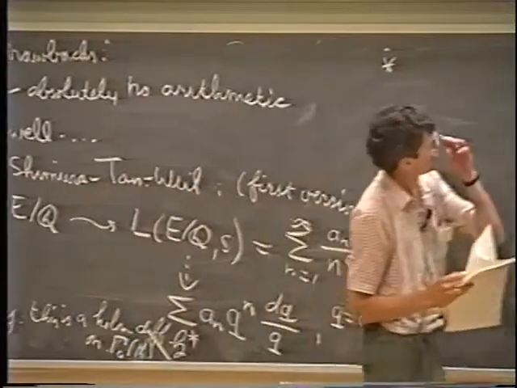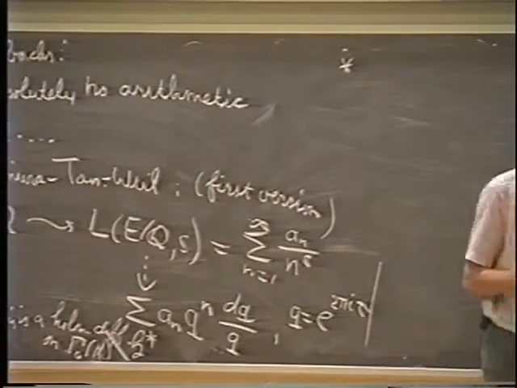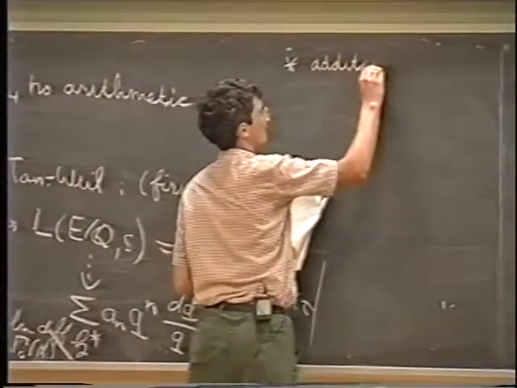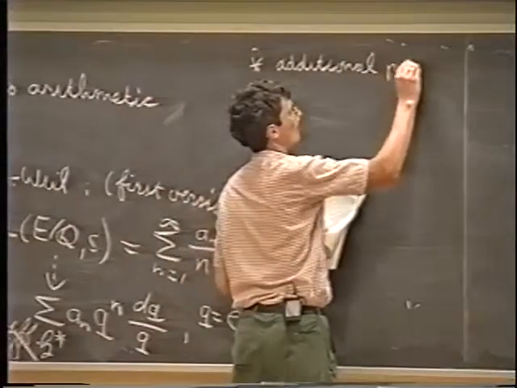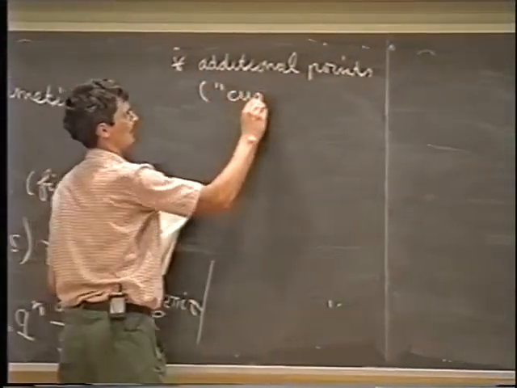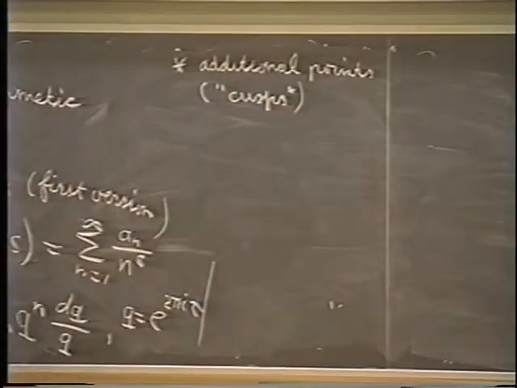At some point, at the very end, in fact, we have added some points. We have added these cusps. So the additional points, which are called cusps for classical reasons. They are no cusps, but they are called cusps, Spitzen.